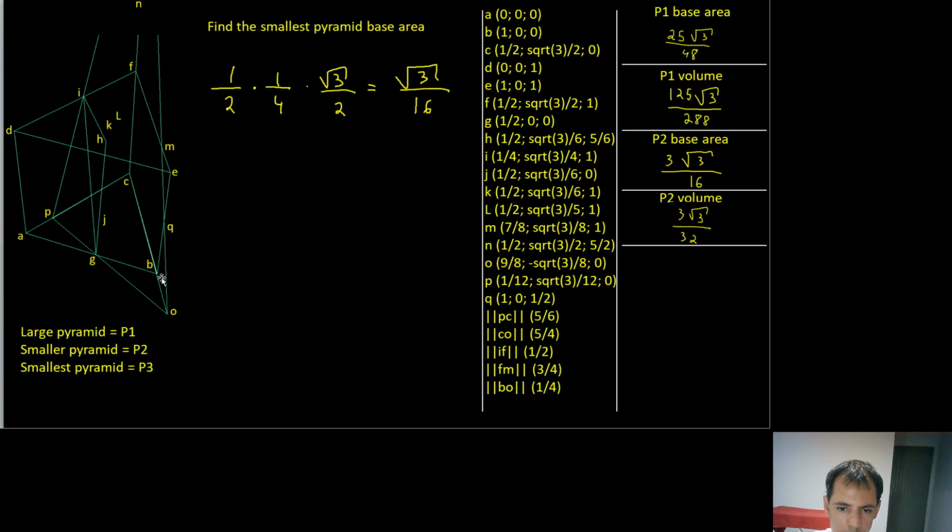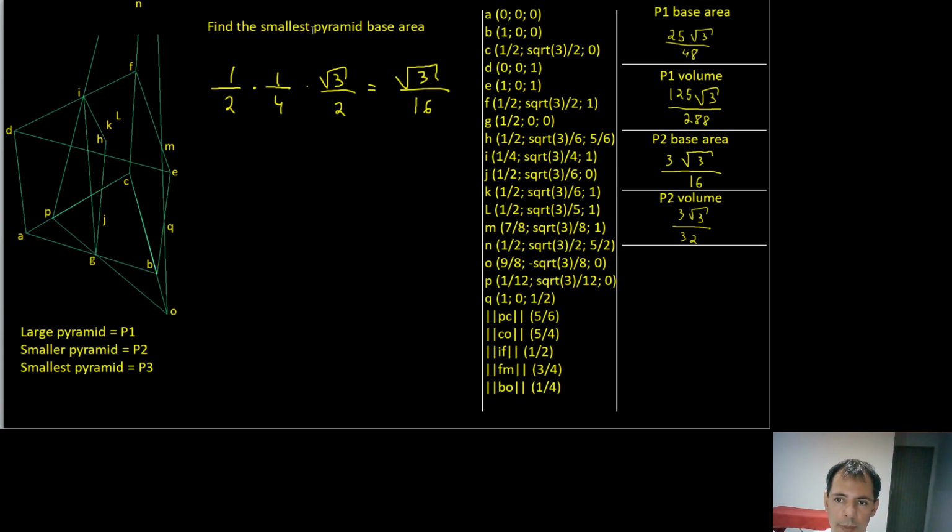From C to B and from B to O, let's just say that you have a vector here and you sweep it this way. You're going to sweep 180 degrees. But from C to B and B to G, you have a side here that's 60 degrees. Okay, so the angle between the edges BG and BO is going to be 120. And the sine of 120 is the same as sine of 60, which is square root of 3 divided by 2. So you're just going to do that.